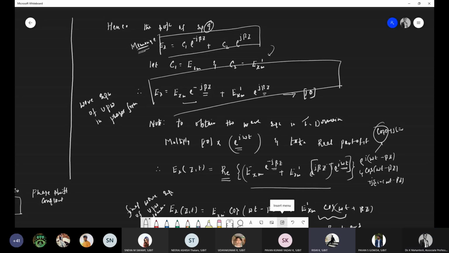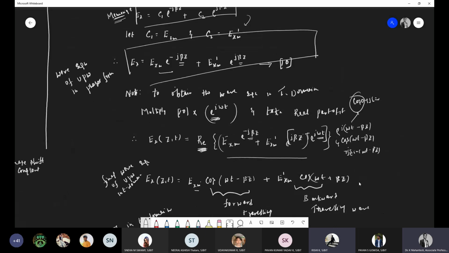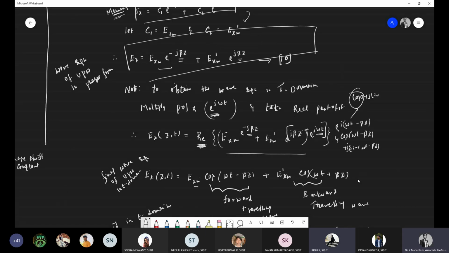To obtain it in the time domain, it should be the real part. After multiplying this phasor equation with e power j omega t, extract only the real part. So you'll get only the cos terms here, because e power j theta is equal to cos theta plus j sin theta, and this cos theta is the real part.